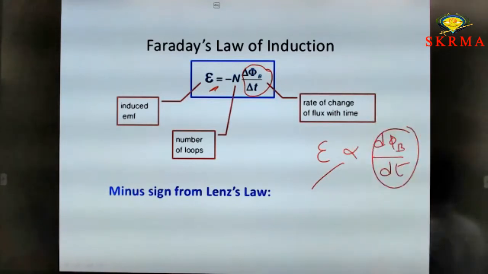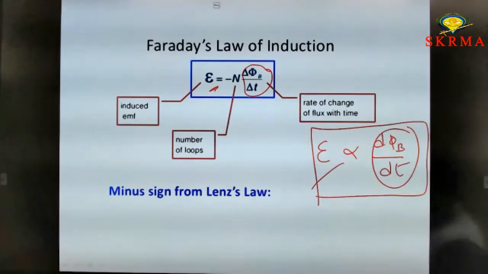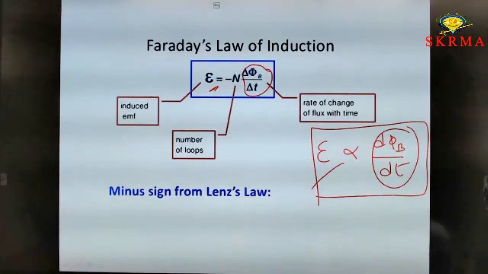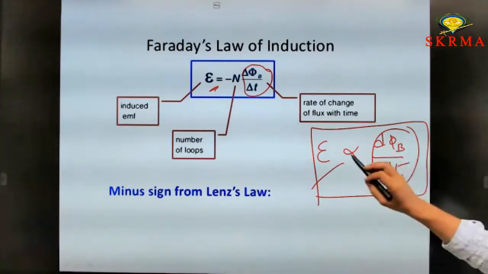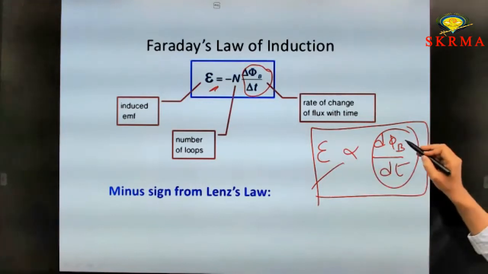That is Faraday's equation regarding induced EMF. Electromotive force is nothing but the force required to move electrons in a conductor. Here the electromotive force is produced when the magnetic flux is changing.